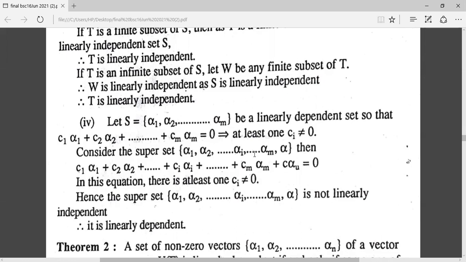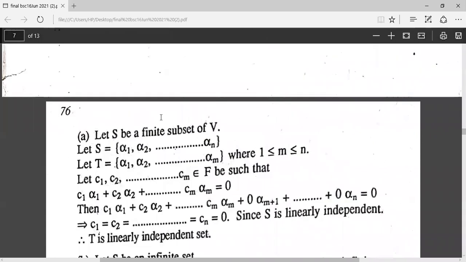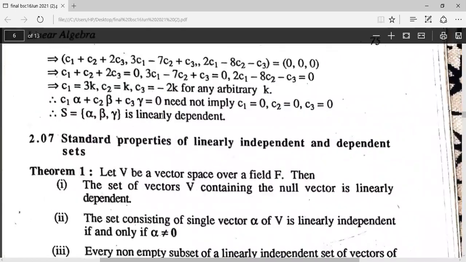Therefore, what do you say about the superset? The superset is linearly dependent. Remember, it should be dependent, not independent. So it is not linearly independent, which implies it is linearly dependent.